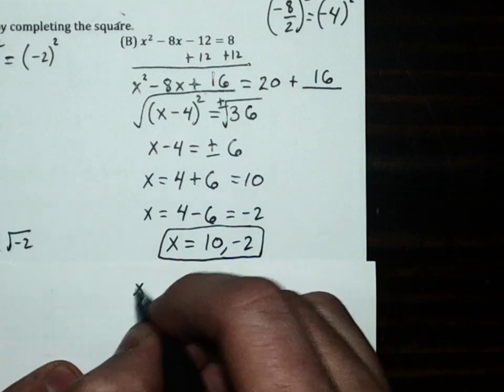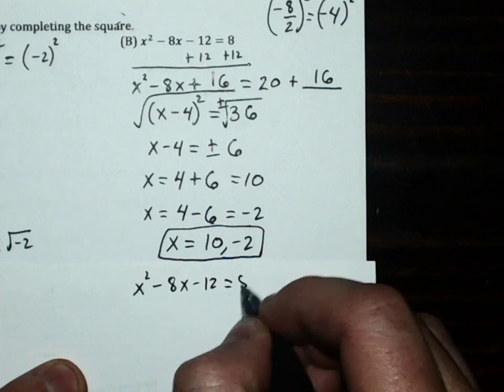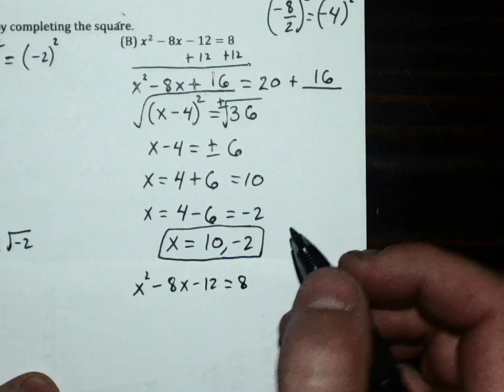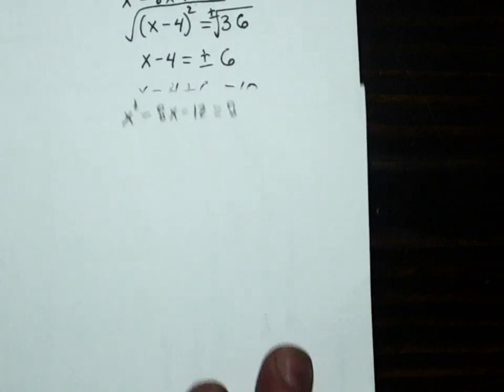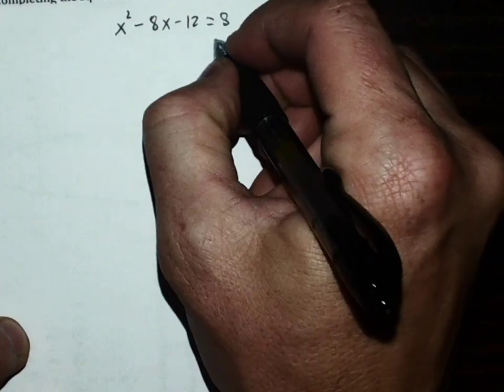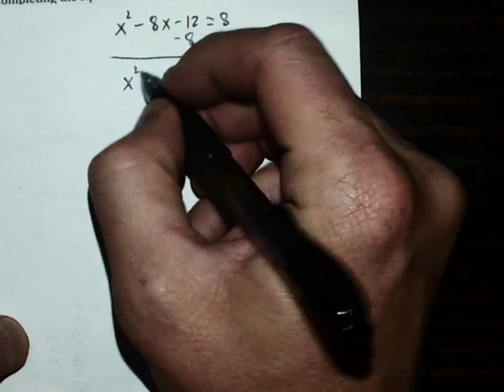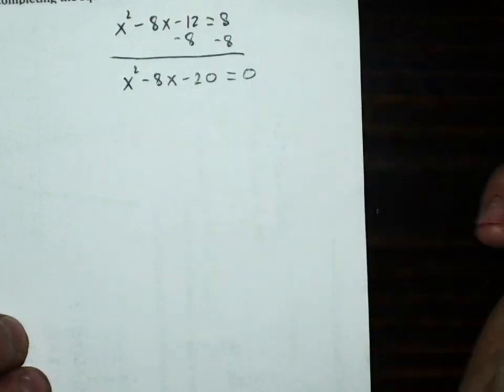You have x squared minus 8x minus 12 equals 8. We could solve this by factoring, by subtracting the 8 over and setting it equal to 0. And we have that x squared minus 8x minus 20 equals 0.